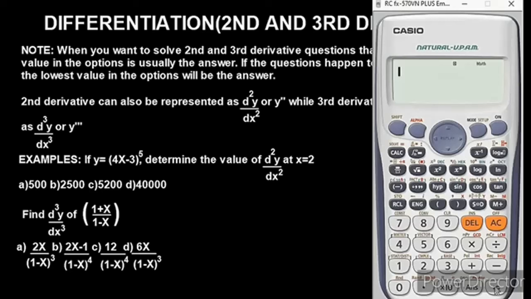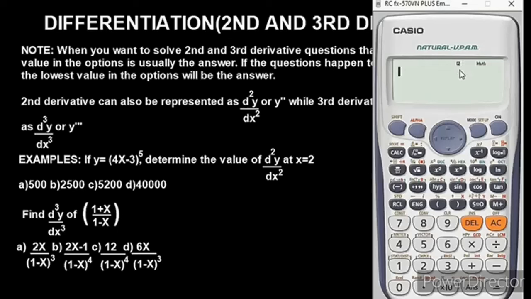The next thing we have to do will be to put the calculator in reduce mode. Very, very important. Whenever you are solving differentiation with the Casio calculator, make sure that you put the calculator in radian mode to avoid unnecessary error. Right, so to do that, press shift, mode, option 4, radian. So as you can see, the calculator is now in radian mode. Right, it was in degree before, but now it is in radian mode.